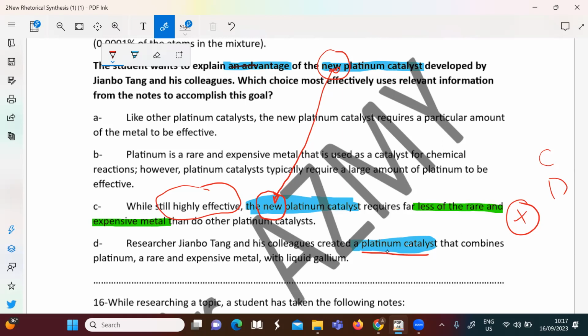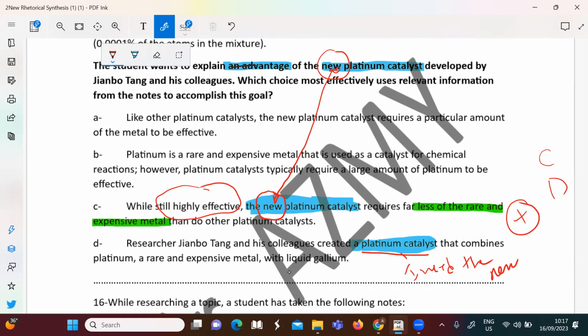But go here, he's not talking about the new platinum catalyst. That's just a general, any platinum catalyst. I need the new catalyst. Up here, the new catalyst combines platinum, a rare and expensive metal, with liquid gallium.